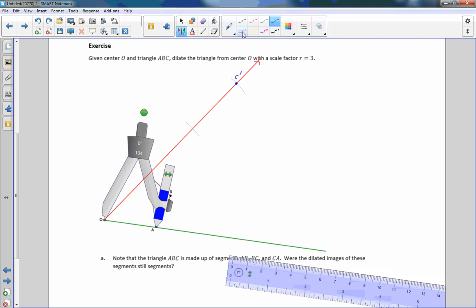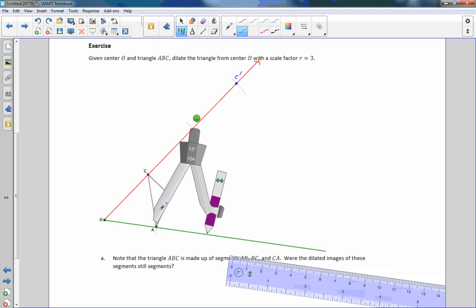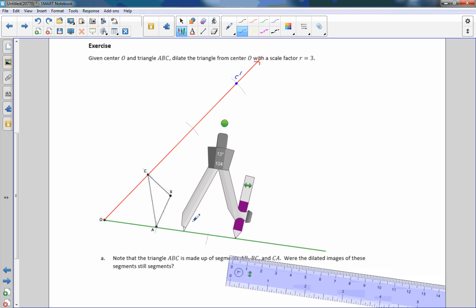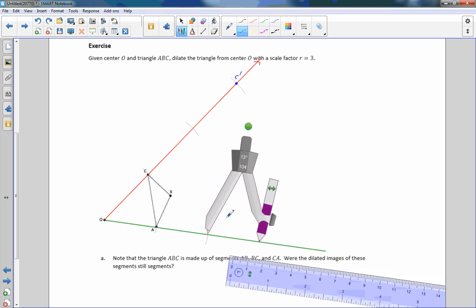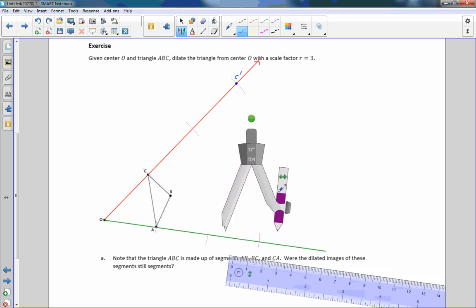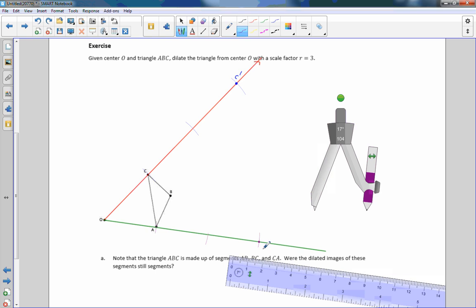And let me turn to purple this time. So that's the distance from O to A. Well, if I triple it, then I'm going to put my compass on A. There's double, and do it one more time, and put a mark there. And that right there is A prime, which is OA prime, which is 3 times as long as OA.